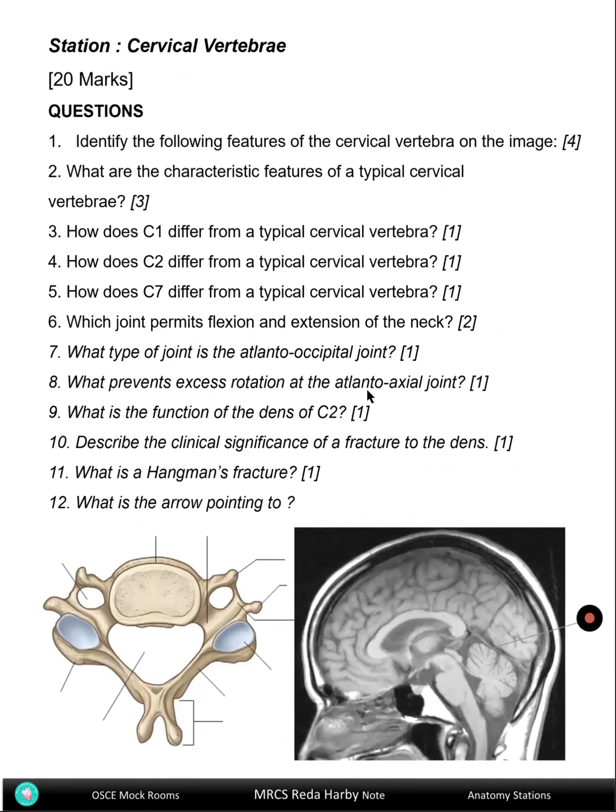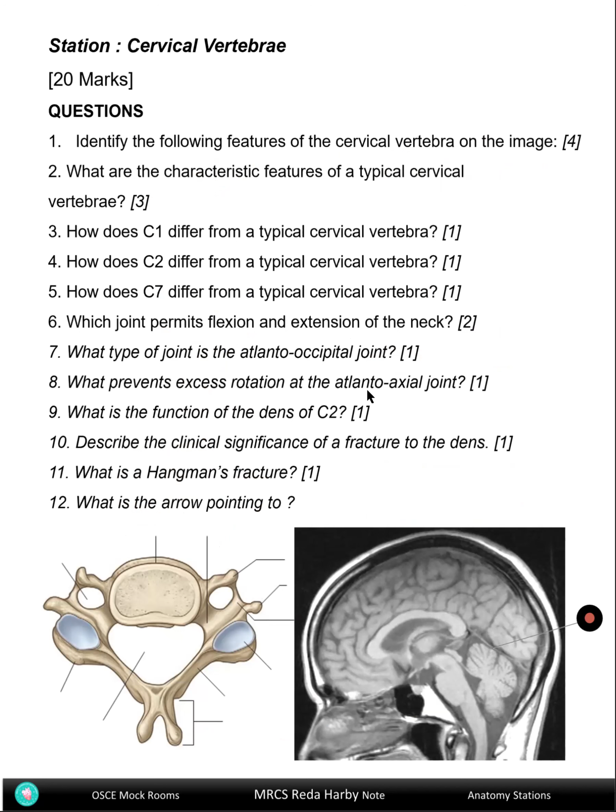Okay, so here we have some questions regarding what the characteristic features of a typical vertebra are, how C1 differs from typical, how C2 differs, and how C7 differs from a typical cervical vertebra.